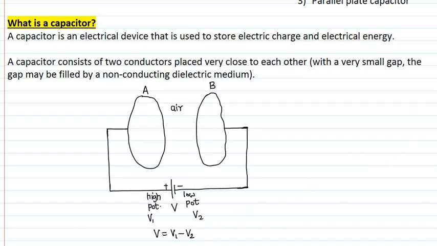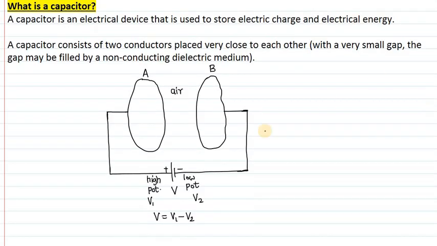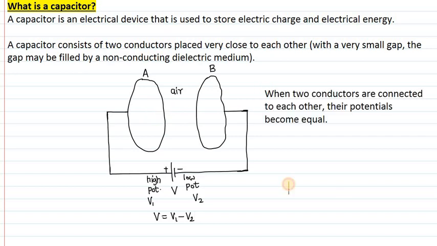Now, after we connect this battery to these two conductors, what will happen to these conductors? In electrostatics, we have studied that when two conductors are connected to each other, their potentials become equal.